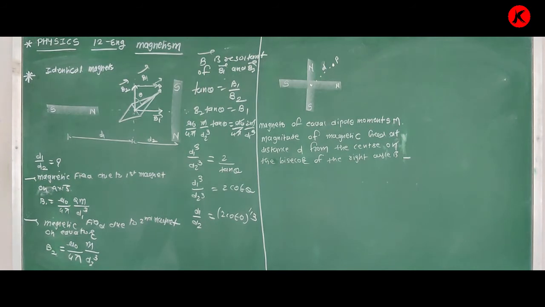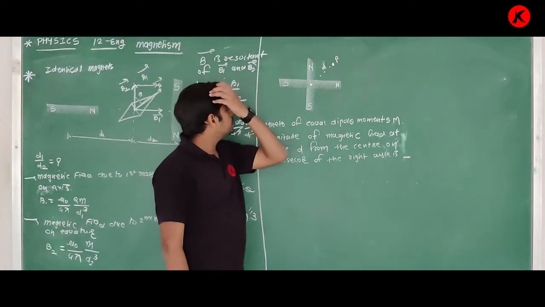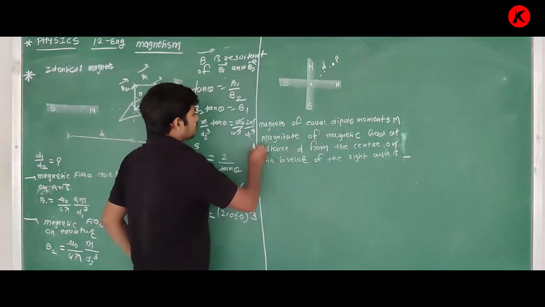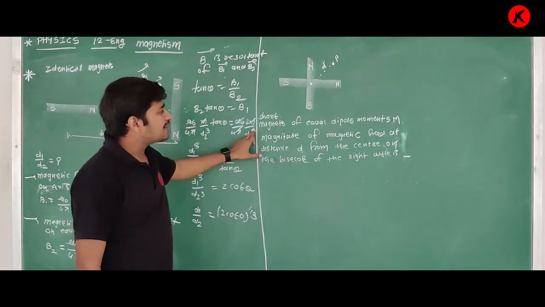Now next question. Again, you are given two bar magnets placed perpendicular to each other, and they are short bar magnets of equal dipole moment m.